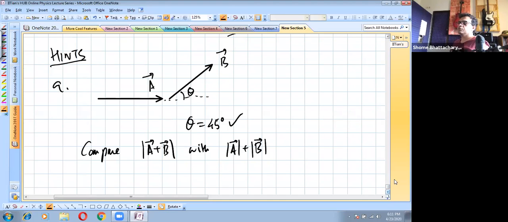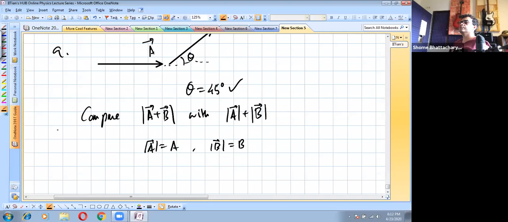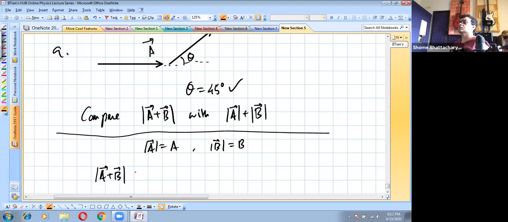So let's understand what we're doing here. First of all, let's use the short form that mod A is equal to A and mod B is equal to B. Using that short form, you can see that the magnitude of A plus B, since theta is 45, is root of A square plus B square plus 2AB cos 45.